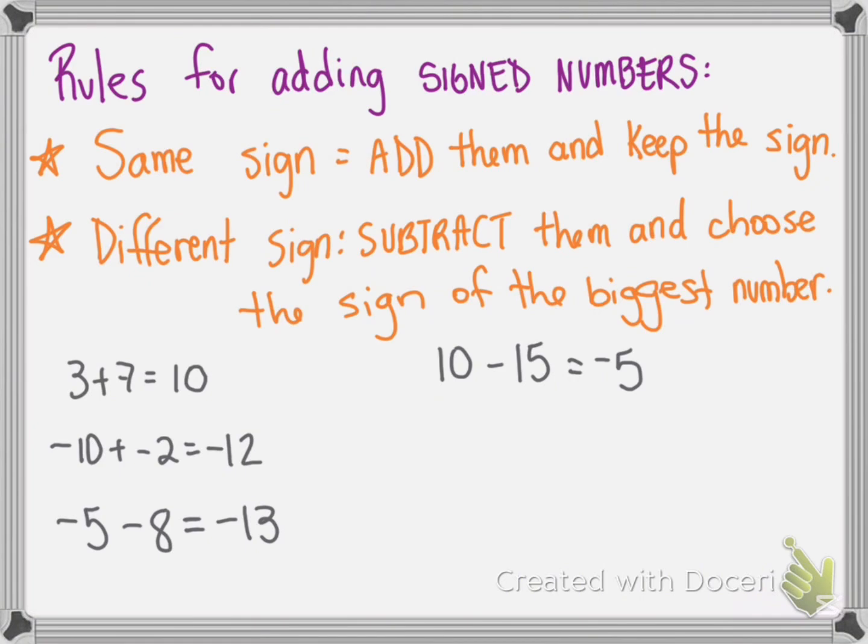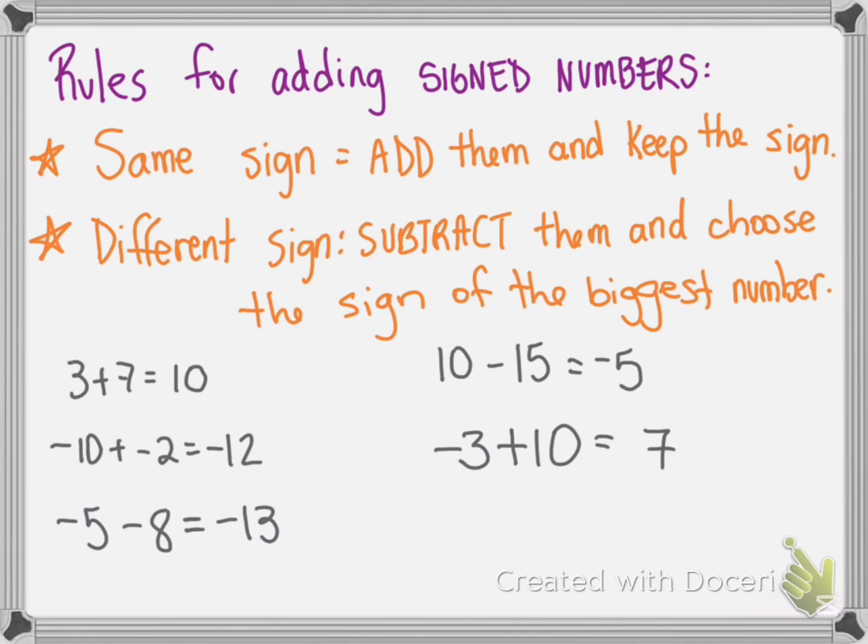Let's do another example. In this case, we have -3 plus 10. Again, it's a positive and a negative. So we subtract 10 minus 3, that is 7. And the sign of the biggest number is positive, so our answer is positive.